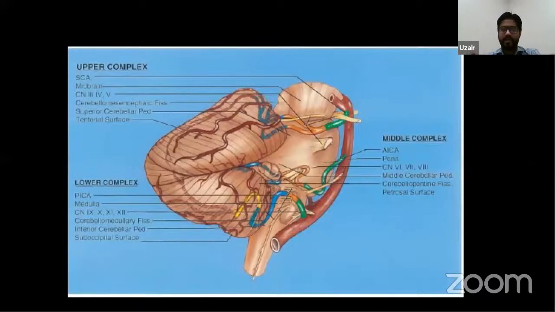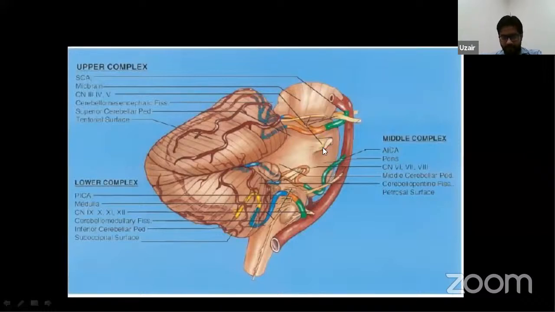So the cerebellum is connected to each of the three parts of the brainstem through cerebellar peduncles. In the upper portion, we have the midbrain, which is connected to the cerebellum with the help of the superior cerebellar peduncle.